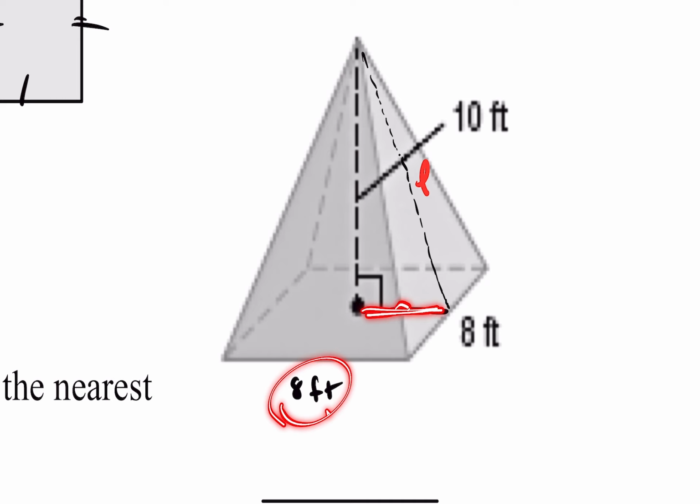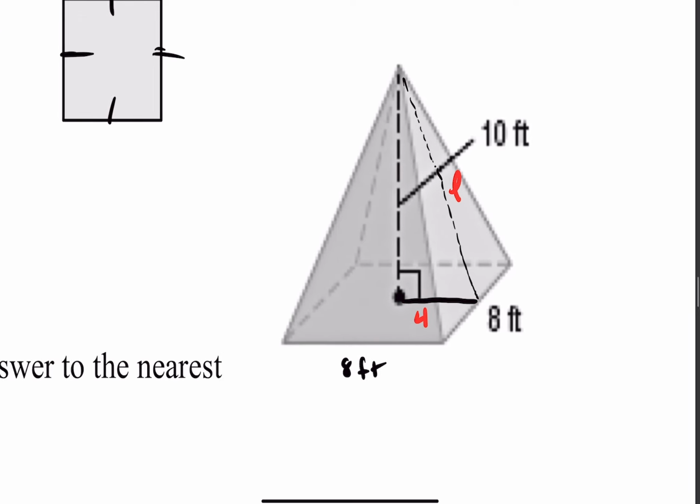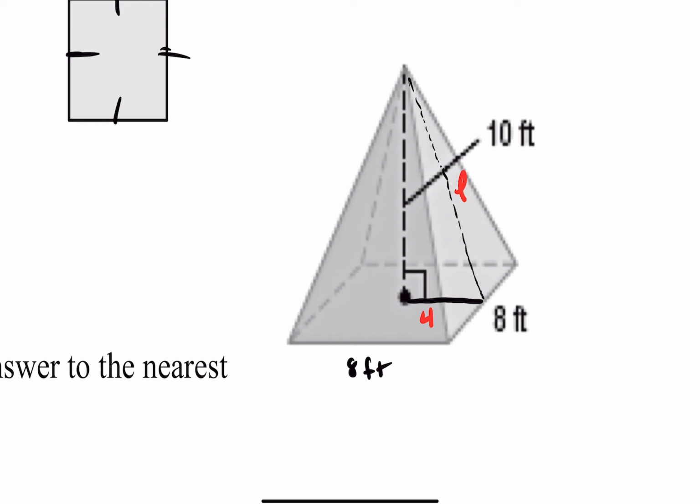This thing here has to be 4. Actually, let's keep that. We're going to need that, I think. We're going to go ahead and draw that right triangle there. Yes, you can see that right triangle. We have 10 here, and this is the slant height, and that's 4.